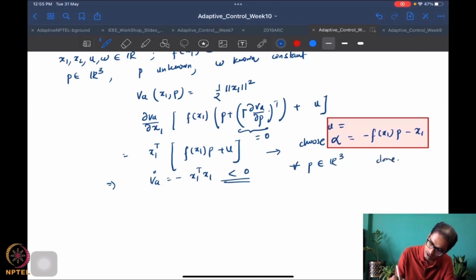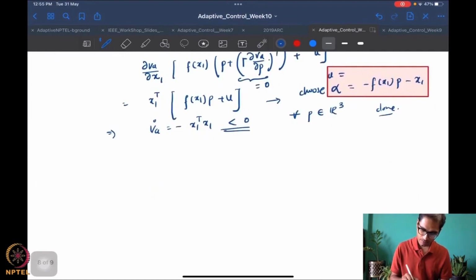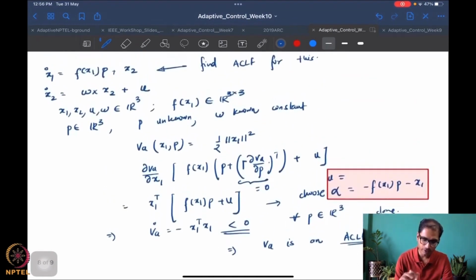Okay, so done. This V_A is in fact an ACLF. So V_A is an ACLF for the first state.